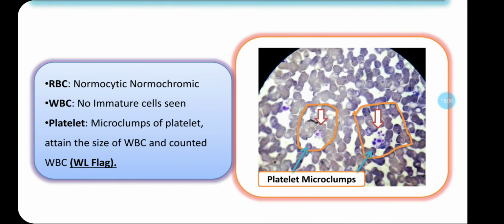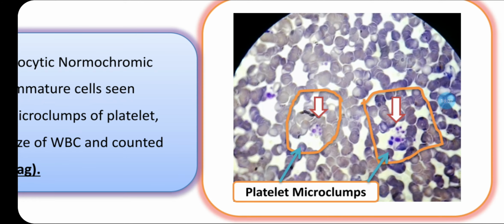If you go through the peripheral smear, you can see these are the micro clumps of the platelets, and these micro clumps are counted along with the WBCs. Because of that, there is a WL flag in the WBCs, and doublets are also there, but the majority of these clumps are triplets, quadruplets, and micro clumps, and these basically result in false counts of the platelets.